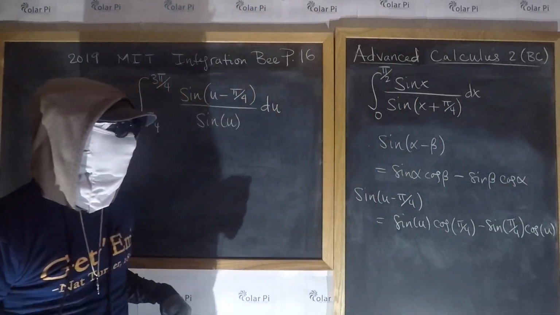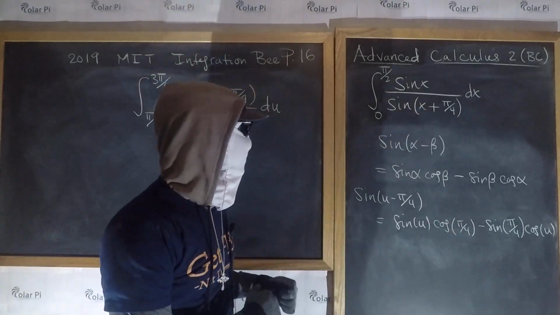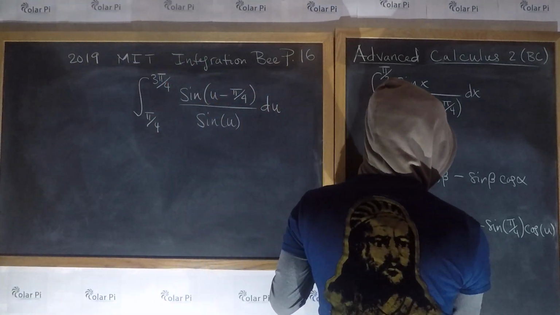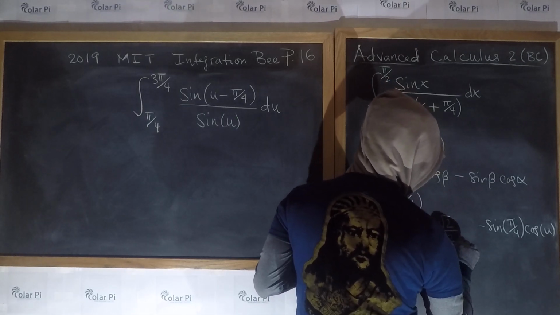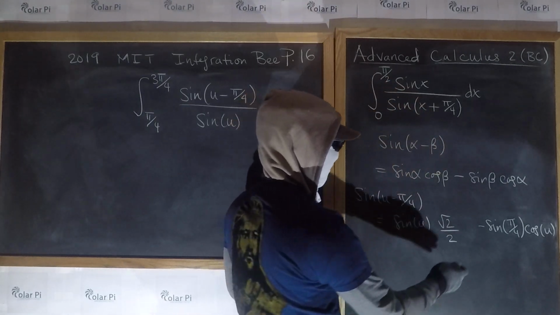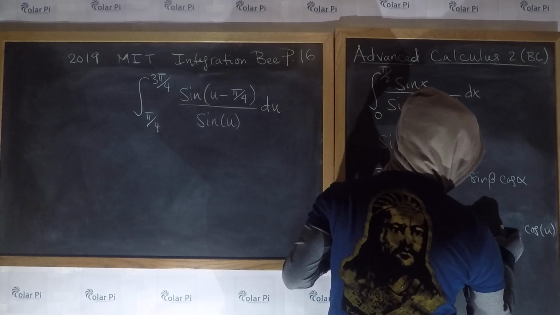Yeah, like that? Okay, now remember, sine of pi over 4 is same as cosine of pi over 4. So that means that right here, I could write root 2 over 2. And since this is the same as sine of pi over 4, I could write root 2 over 2 right here as well.